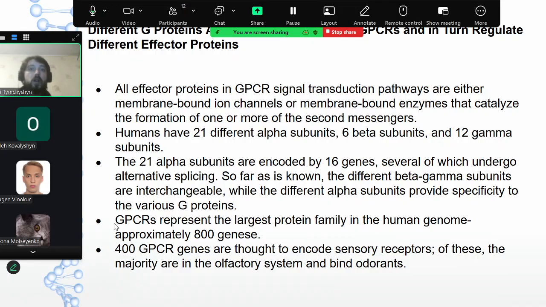And 400 GPCR genes are thought to encode sensory receptors. Of these, the majority are in the olfactory systems and bind odorants. I guess we will eventually have a lecture on odorants, and maybe I'll tell you a little bit more about that.